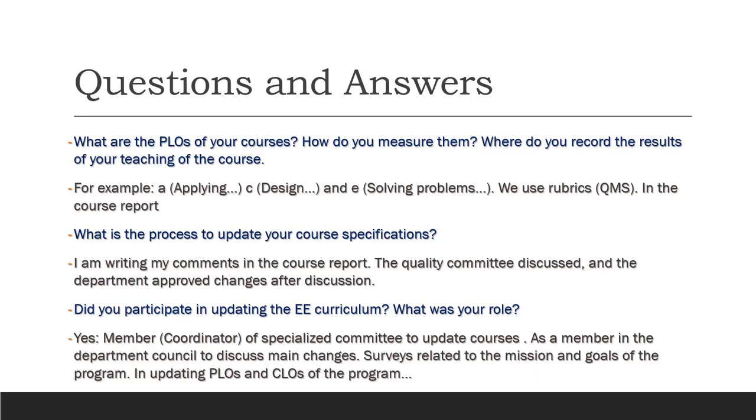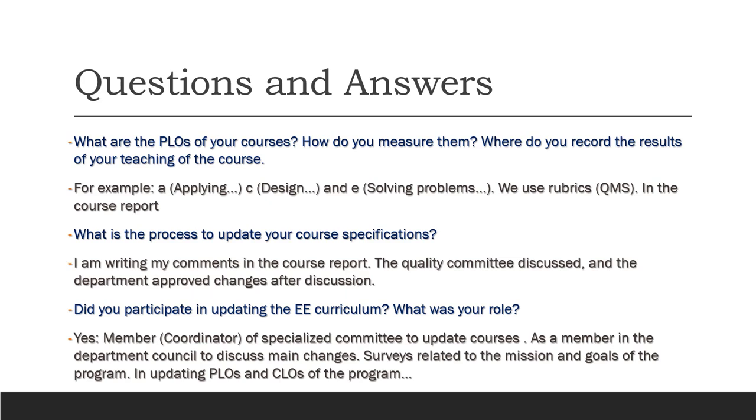So of course, as a faculty member, you participated in committees to update courses, and updating courses is a part of updating the EE curriculum. As a member in the department council, of course, you discussed changes in the curriculum, and you gave your opinion at that time, and so on.